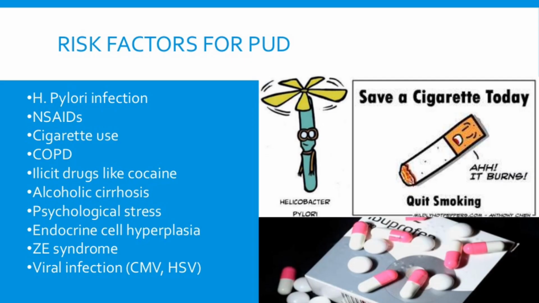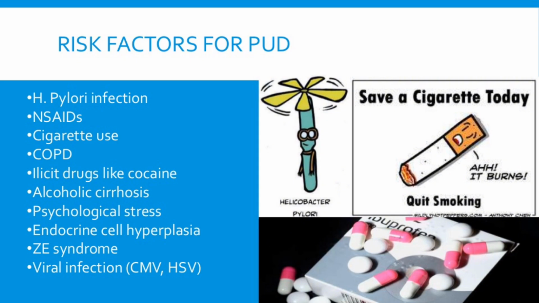So now let's discuss the key risk factors that can increase the likelihood of developing peptic ulcer disease. These factors can either increase acid production, weaken mucosal defenses, or both, and they can lead towards the formation of ulcers. Number one will be Helicobacter pylori infection, then NSAIDs, smoking, cigarette consumption, COPD, illicit drugs like cocaine, alcoholic cirrhosis, psychological stress, and endocrine cell hyperplasia.